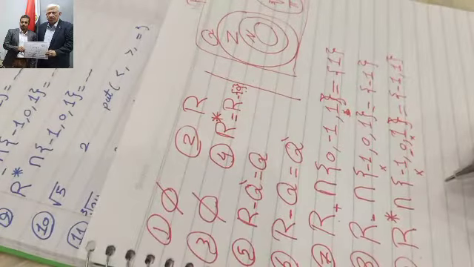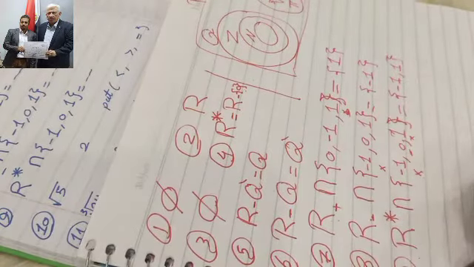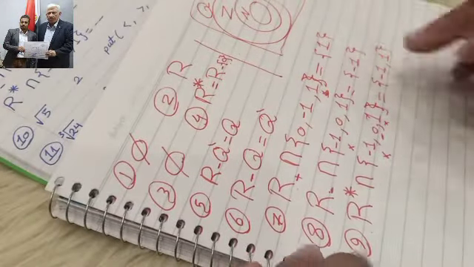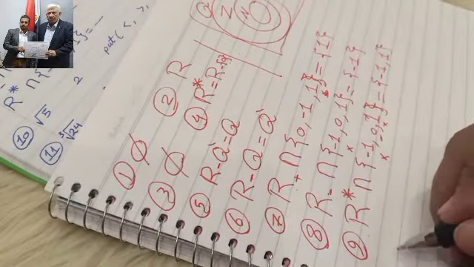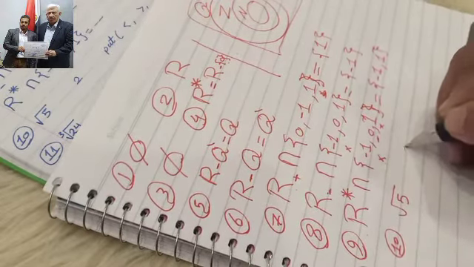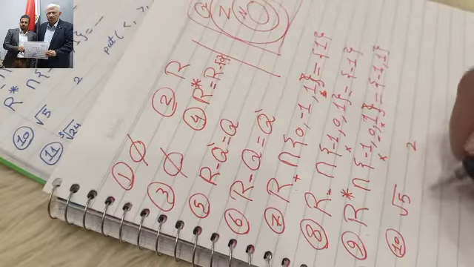Now, when you want to compare two numbers, number 10: if I have root 5 and 2, which is the greatest?